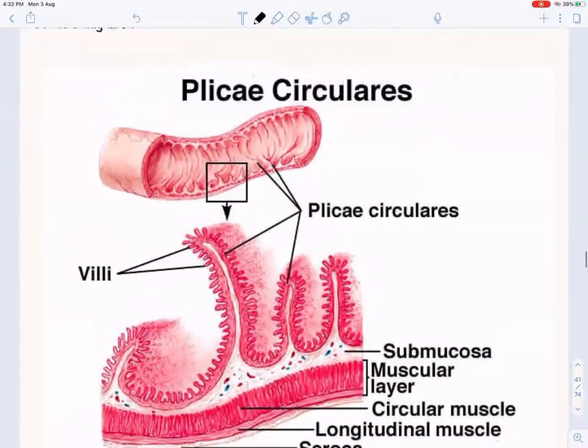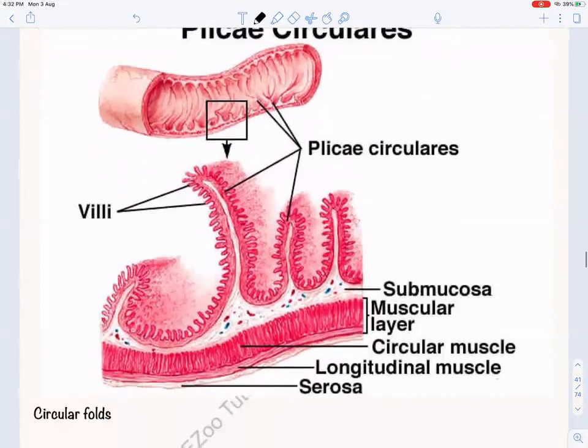This is what I was telling you, that the folds of mucosa and submucosa are well developed in jejunum and in ileum, right? So these are the villi that I told you about, and the submucosa, these are the layers.